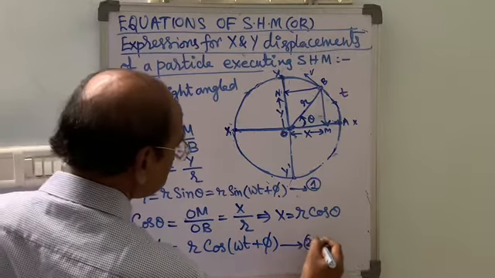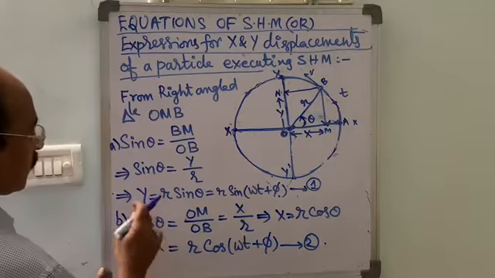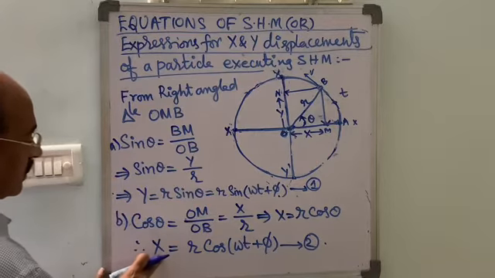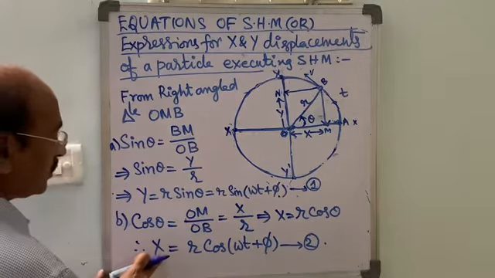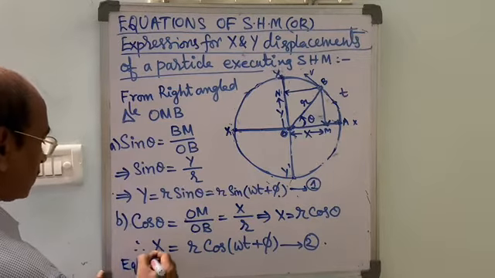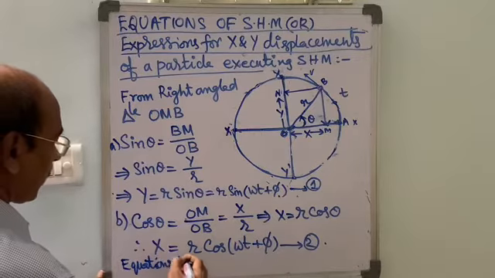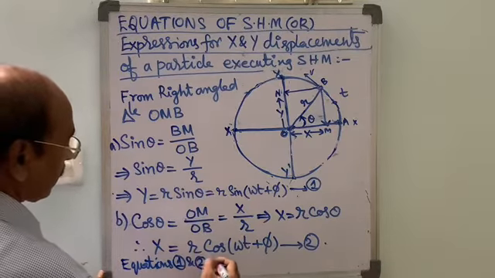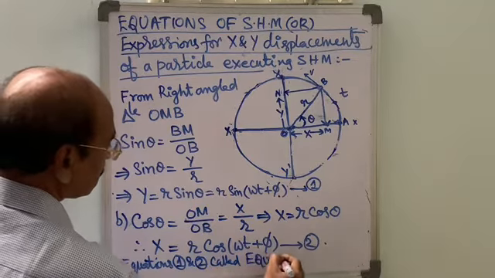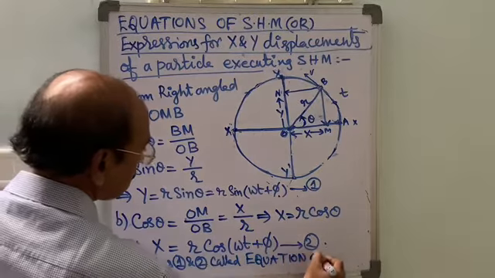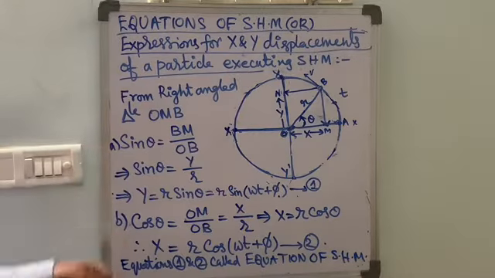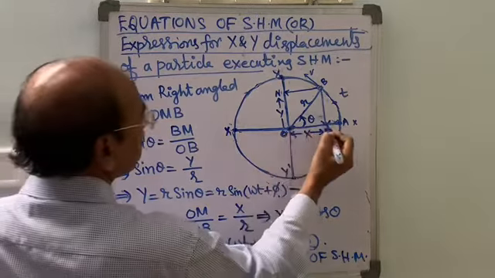Let this be equation 2. Equations 1 and 2 represent the expression for y displacement and the expression for x displacement of a particle executing SHM. Therefore, equations 1 and 2 are called the equations of SHM.